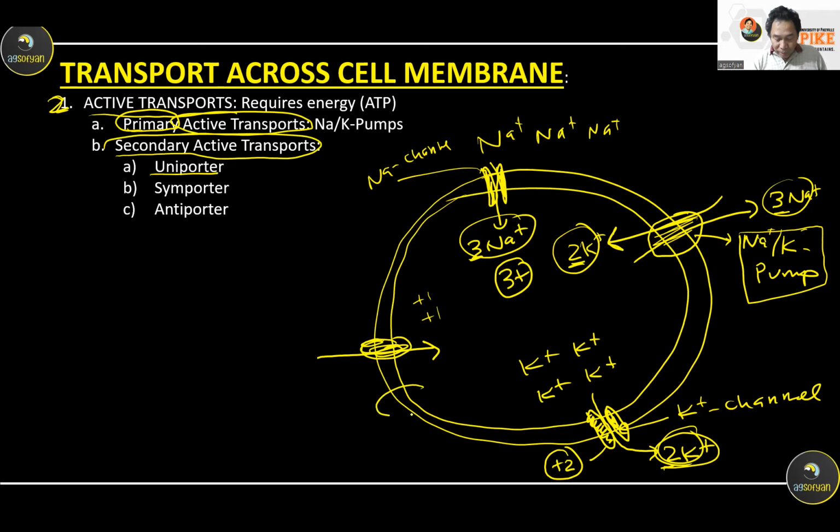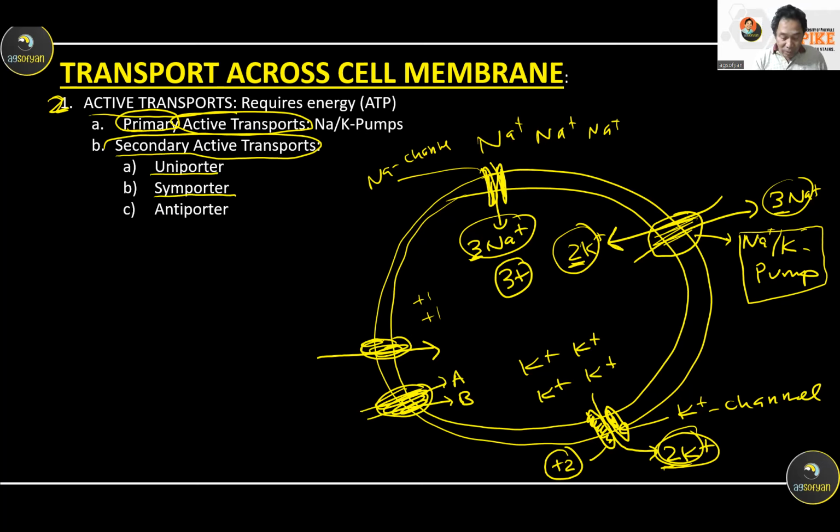If there are two movements using this pump, moving in the same direction, let's say A carries B at the same time into the cell, these two movements are called symporter: movement of two molecules in the same direction.